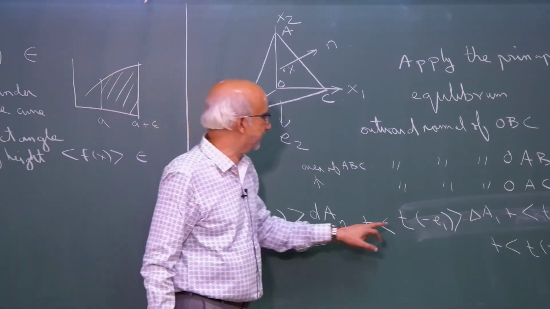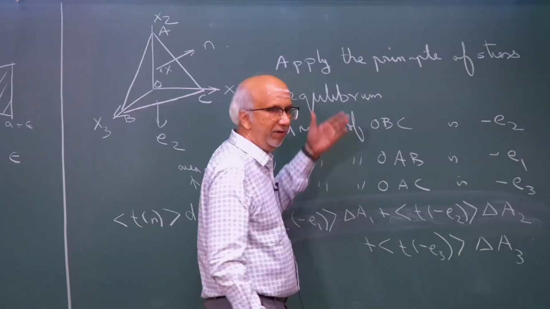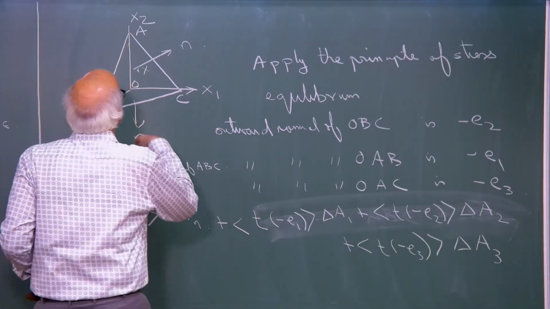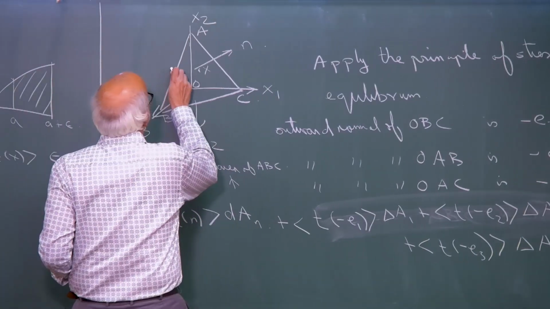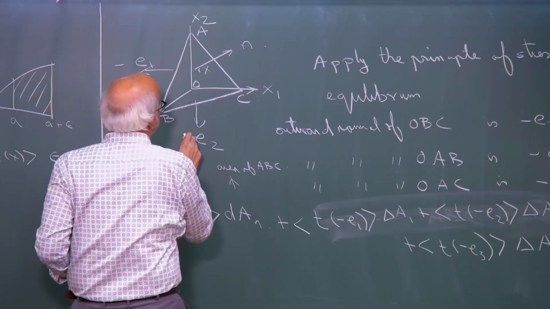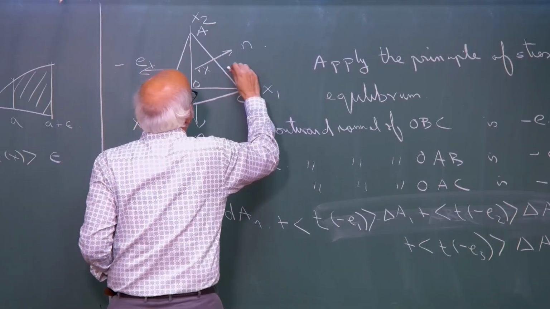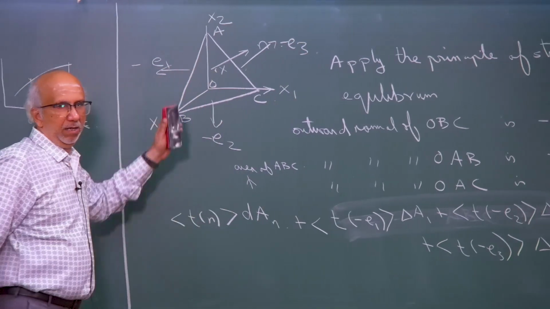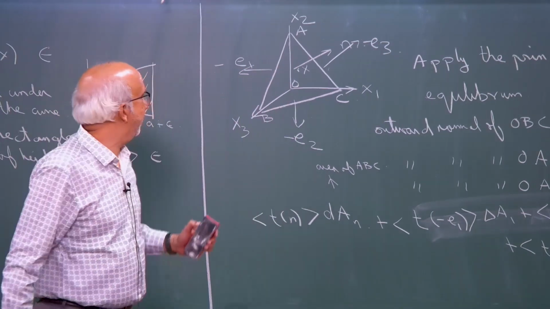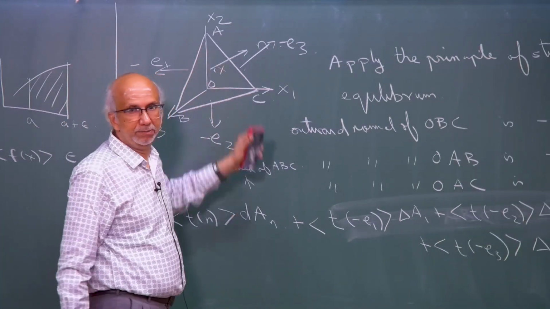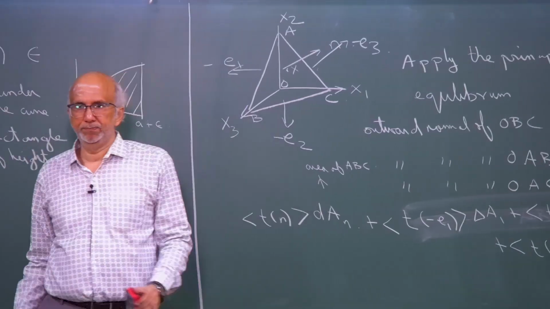So, this is T of minus E1 multiplied by delta A1, the area over which it is acting. This is E2, this will be E1, this is minus E2, and then this is minus E3. You understand, minus E3 is acting on OAC, and n is on ABC.